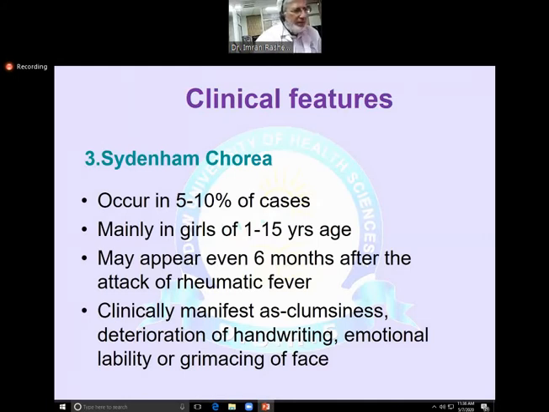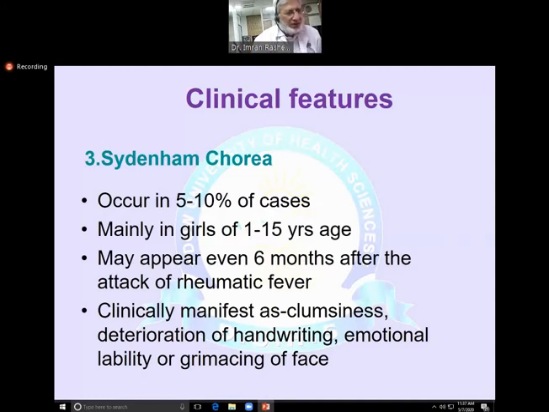And other friends also feel that the child has become very emotionally labile. On slight provocation, the child starts crying, and emotionally he is not stable. And often these sort of children get ridiculed by the teacher as well, with the complaint that the child is grimacing at the teacher, making facial impressions.